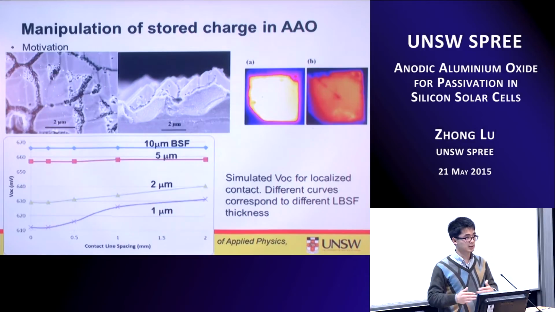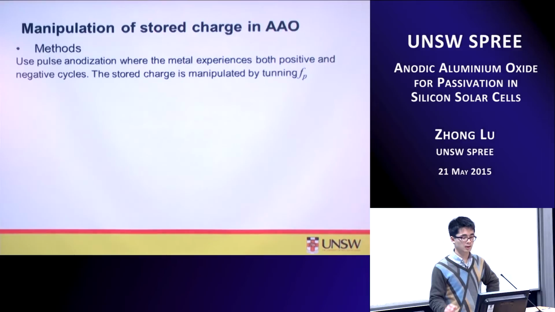Another aspect that makes this situation worse is the store charge in the AO, which happens to be positive. And that, as I explained, would introduce parasitic shunting. That's the motivation why I moved to explore the possibility of manipulating the store charge in AO. And here, let's see how I can do that.